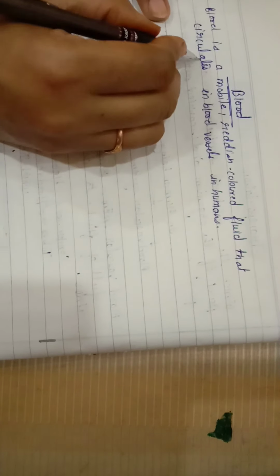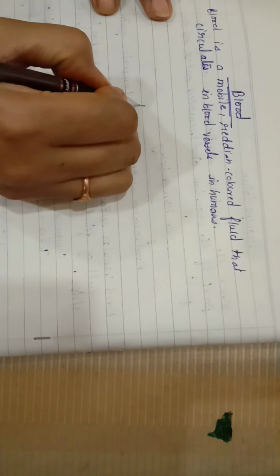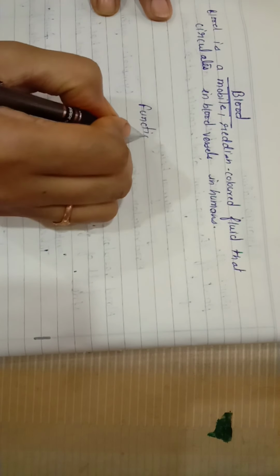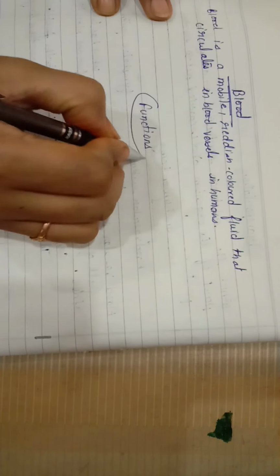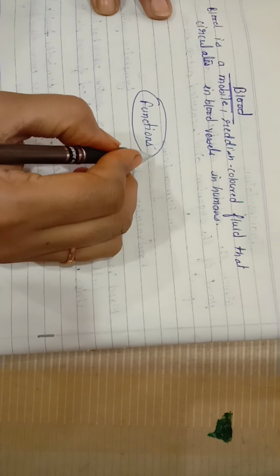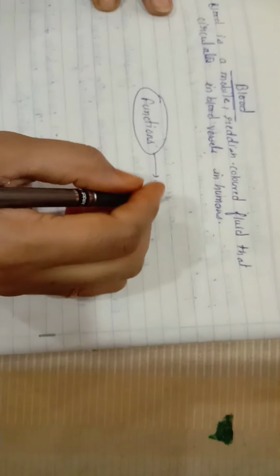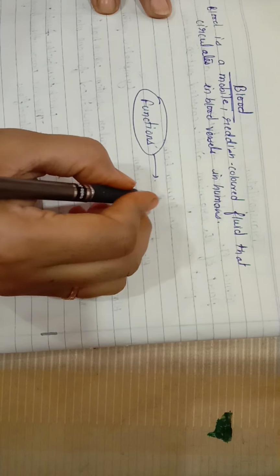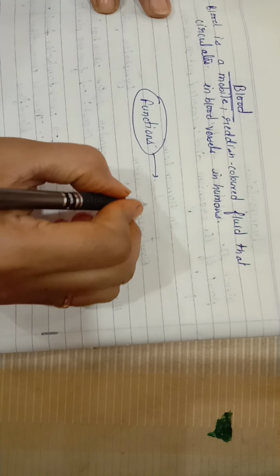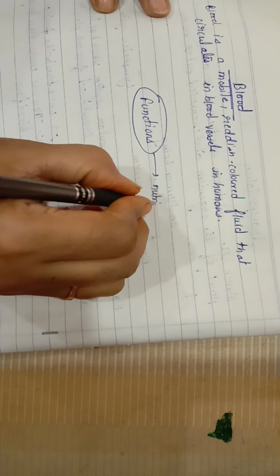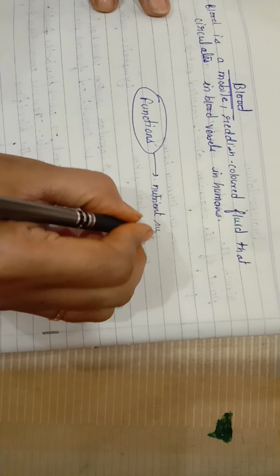Now, what are the various functions of this blood? First of all, we'll see the functions of the blood. It functions as a nutrient supplier.